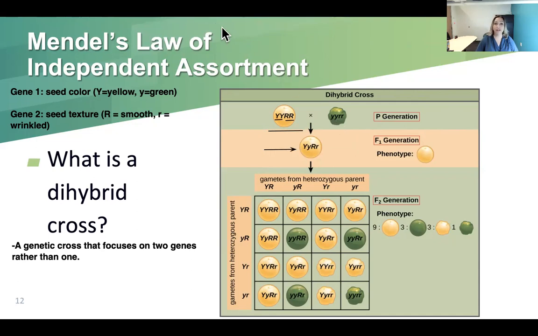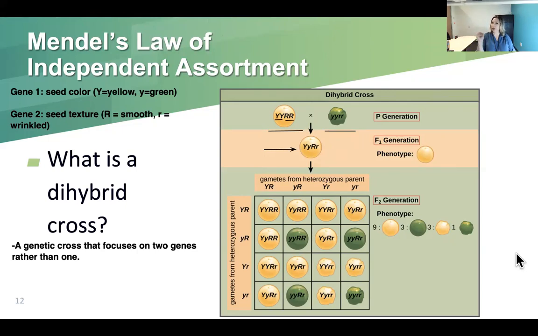Now, in this second seed here, you notice that it is green and wrinkled. It's little y, little y, little r, little r. Neither green nor wrinkled shows up in the F1 heterozygote, meaning they're recessive. The only way you will have a green seed is if you have little y, little y.